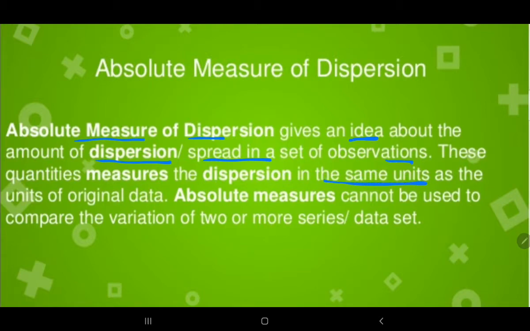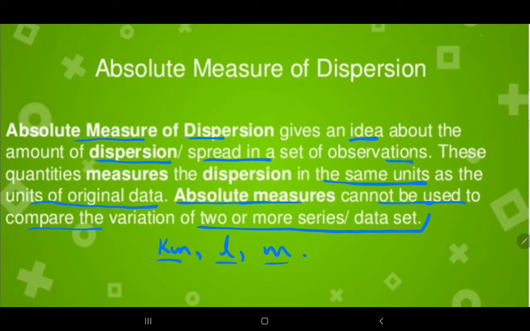For example, if you are measuring some quantities in kilometer, liter or meter, the measure of dispersion will be in the same units as the original data. Absolute measures cannot be used to compare the variation of two or more series of data.